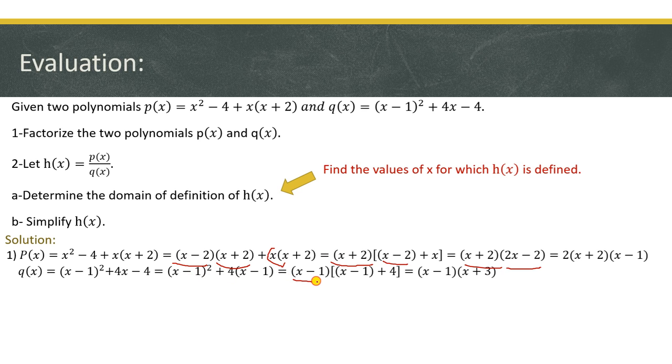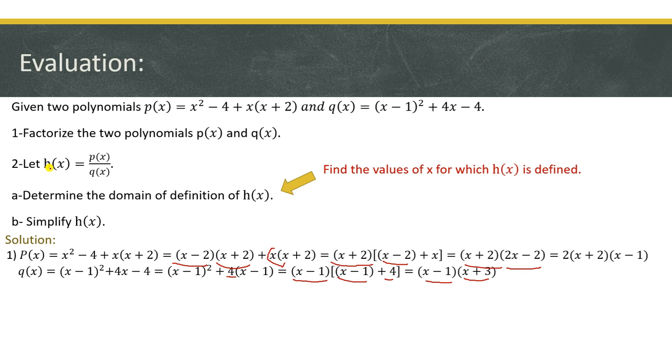So x minus 1, open bracket, from the first one because it's squared, we have x minus 1. From the second one, we have just 4. Okay, reduce inside the brackets, x minus 1 plus 4 equals x plus 3. Then we have the factorized form of p of x and q of x.